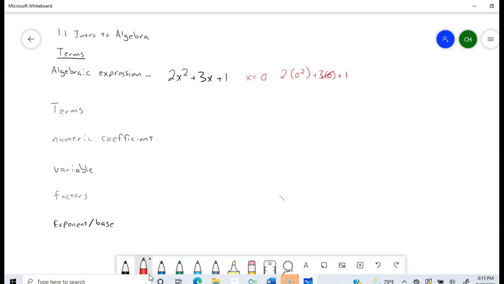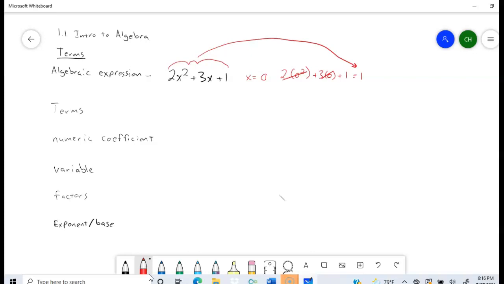Well, 3 times 0 is 0, that cancels out. 0 squared is 0 times 2 is 0, that cancels out, which means that all of this really just equals 1 in this scenario. Alright? So an algebraic expression just represents one number. It just may represent it as several different terms.